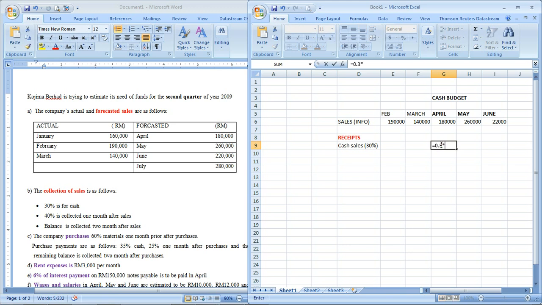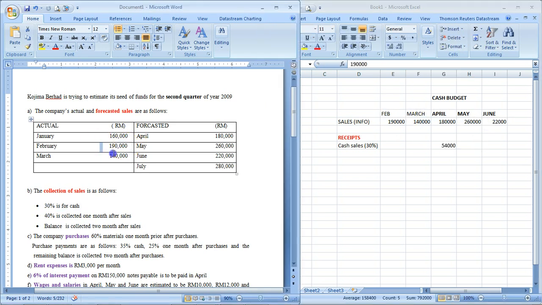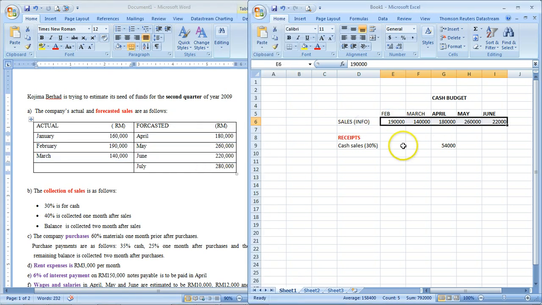So 0.3 times what? Times the amount of sales that you get from the sales info. Class, from where do I get this? I get it from here: February, March, April, May and June. Just write back the sales info. We are not using it for calculation, but as information to guide you to calculate cash sales and credit sales. So this is 0.3 times 180,000.